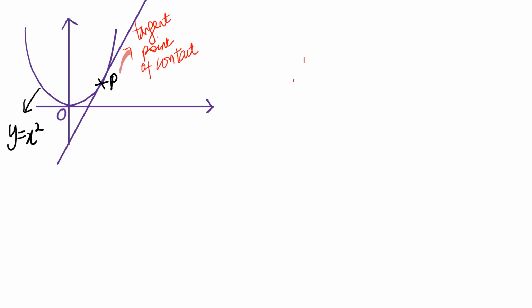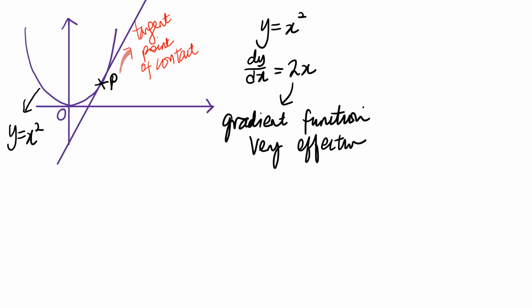We managed to use first principle to find the gradient function of this curve, which comes out to be dy/dx equals 2x. So your dy/dx is a gradient function, and it's a very effective way of finding gradients at any point.